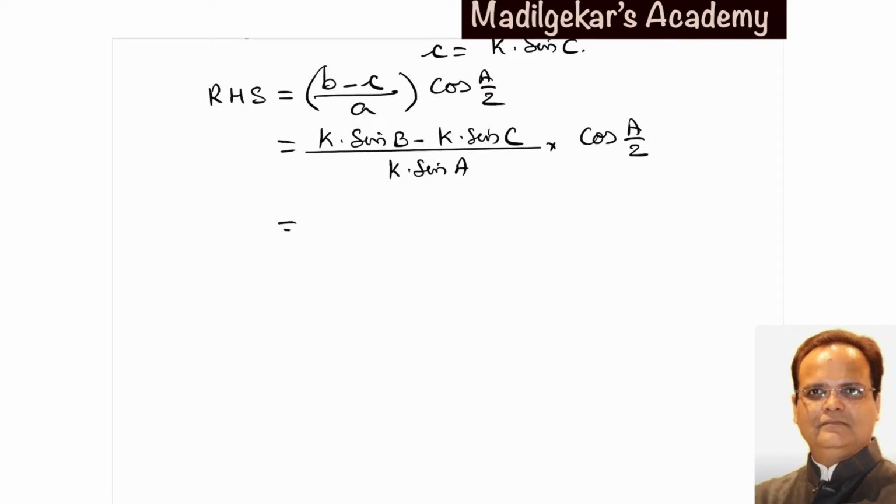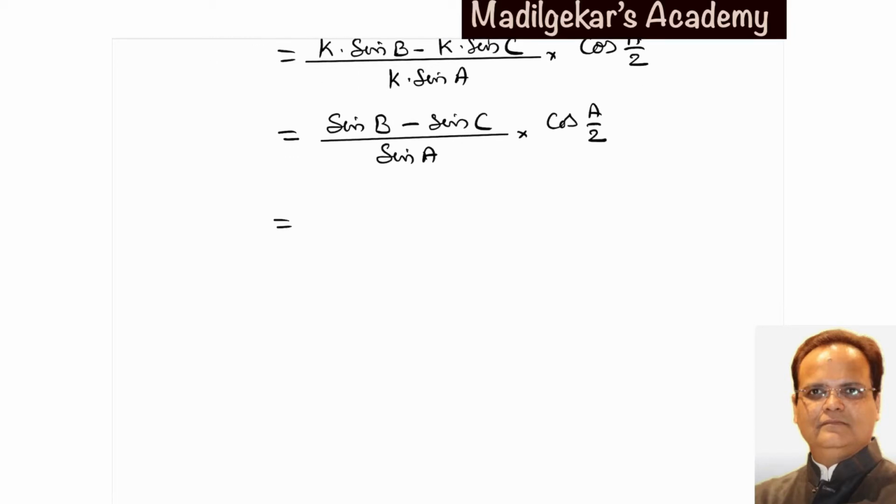Take k common from numerator and cancel with denominator. So we get sine B minus sine C upon sine A into cos of A by 2.